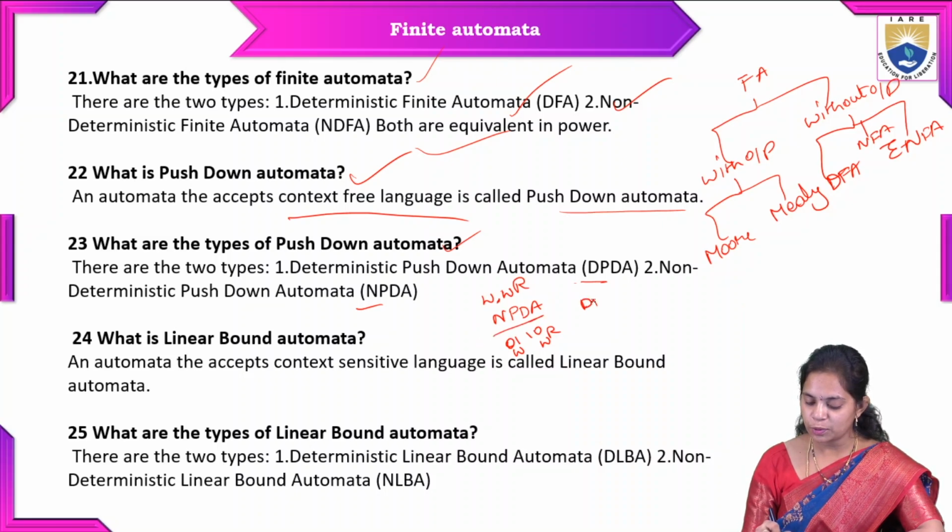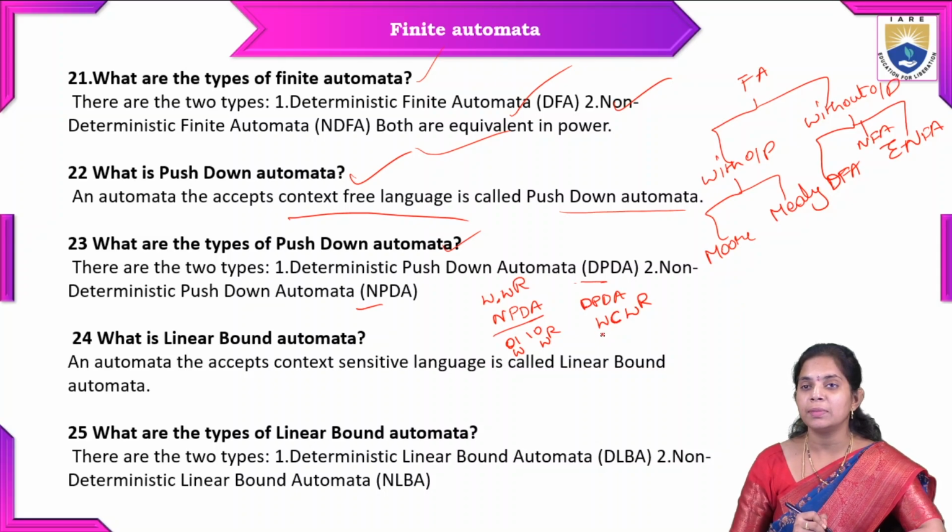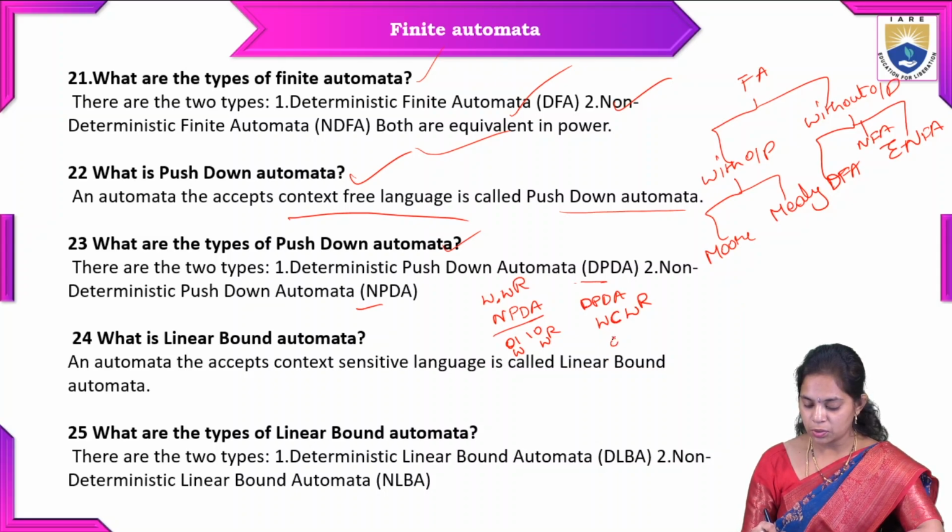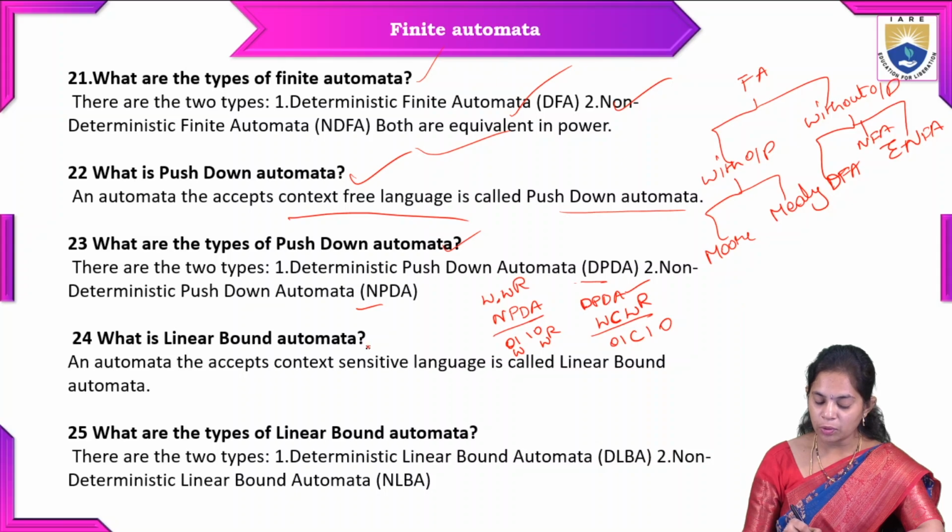And when there is no non-determinism, we additionally add the symbol C, like 01 C 10. If it is in this form, we can say that it is a deterministic pushdown automata.